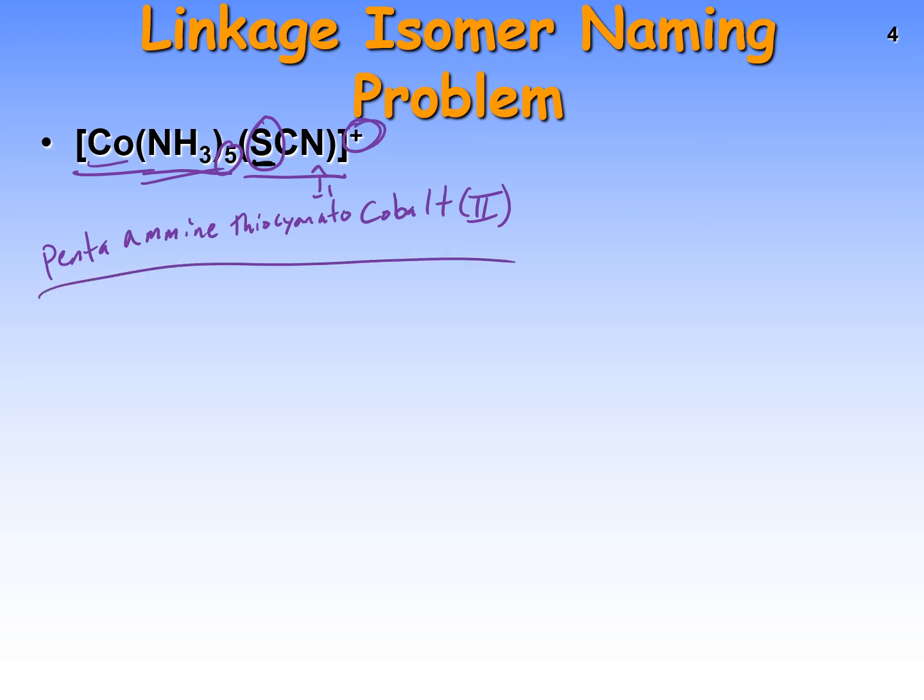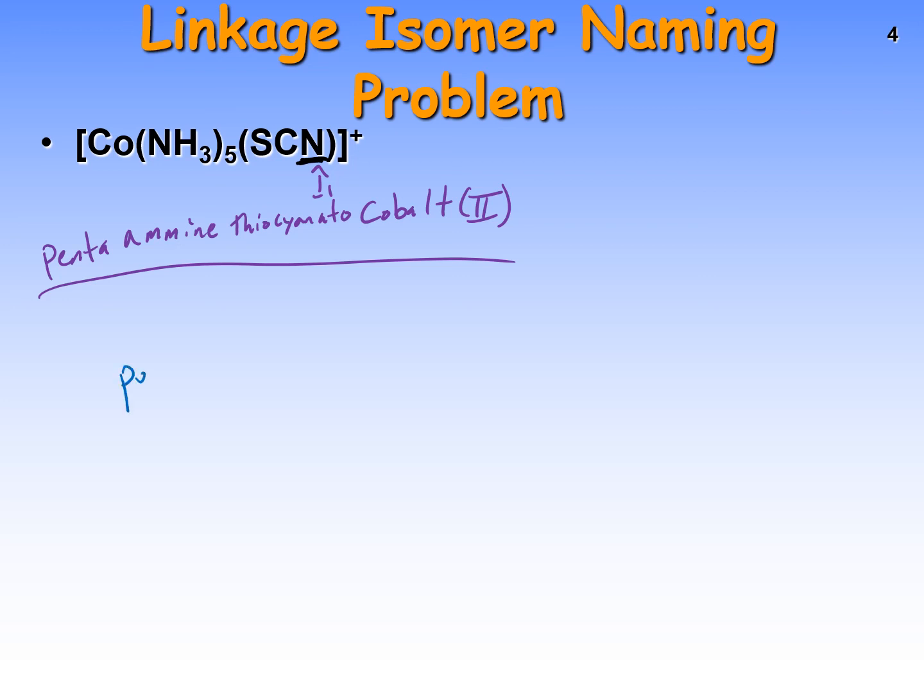Let's look at a different scenario. Maybe that wasn't what we had, maybe we had something else. Maybe we had that underline under the N instead. Well, in this scenario, our name is going to be different.